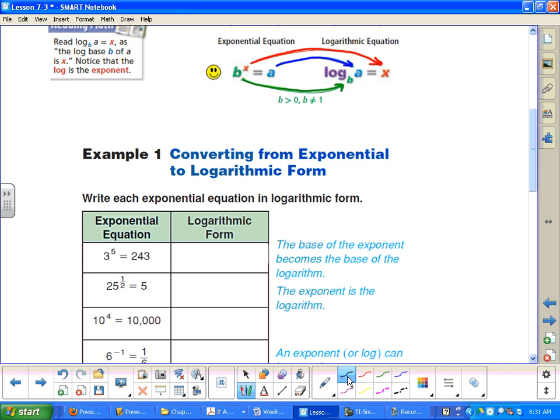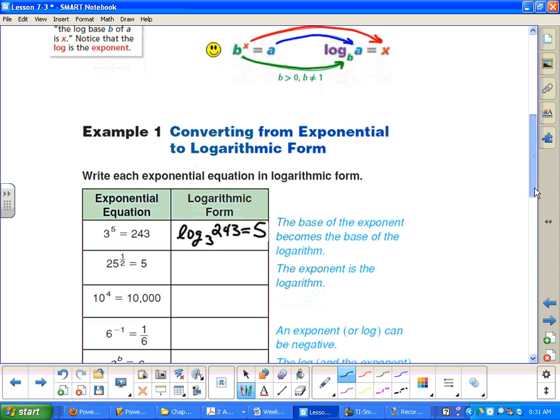For this one, I would say the log. The base for this exponential equation is 3. The answer is 243, so that goes here, and that equals the exponent of 5. For the next one, we have the log.